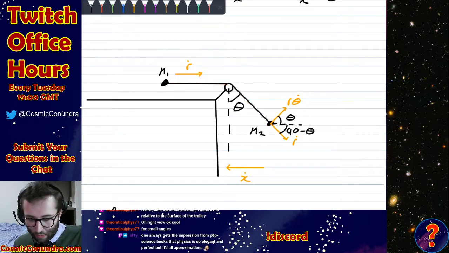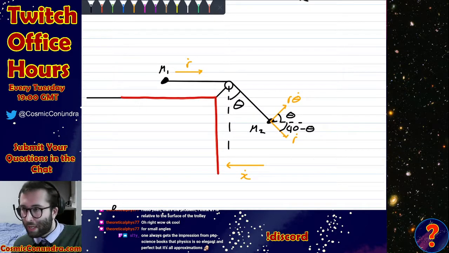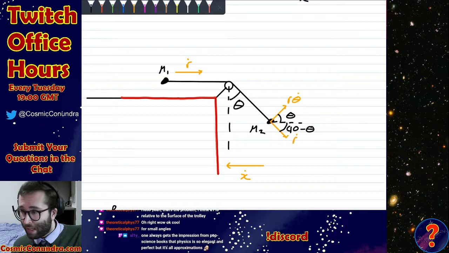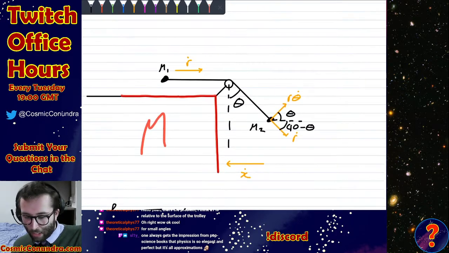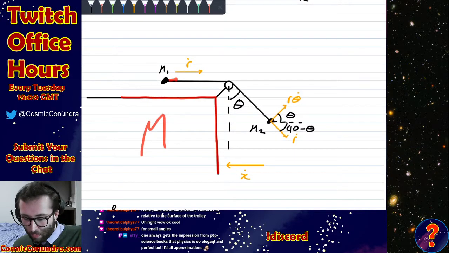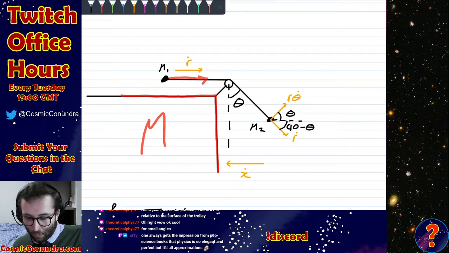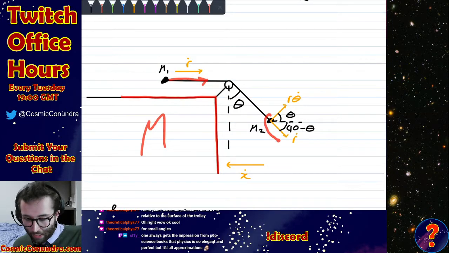From this, you can realize that r dot is the rate at which you're pulling rope over the pulley, and therefore it's also the rate at which this second particle m2 is moving to the right with respect to the larger mass, with respect to the pulley. So from the perspective of the large mass, capital M, or the pulley, the mass on top is moving to the right with speed r dot, which is the same as the radial speed r dot of the second mass.